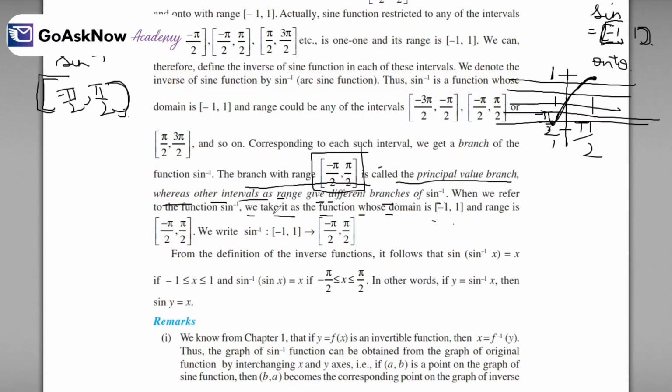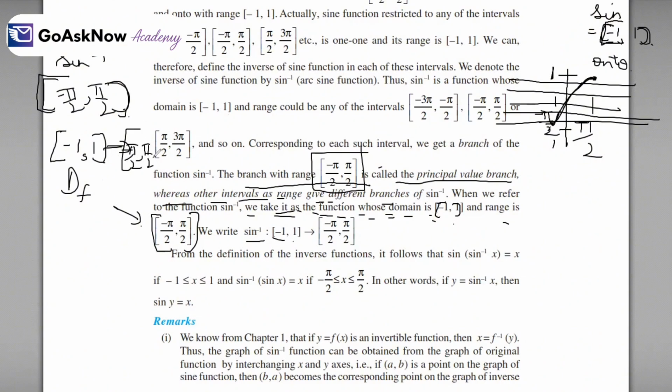Okay. So we take it as a function whose domain is minus 1 to 1, and range is minus pi by 2 to pi by 2. I have already told you the range will be this. So it is clearly defined here: the sine inverse is defined from minus 1 comma 1, that is the domain, to the range that is minus pi by 2 to pi by 2.